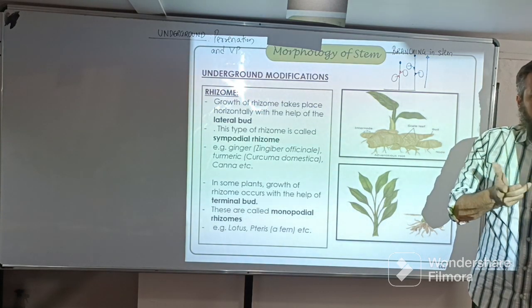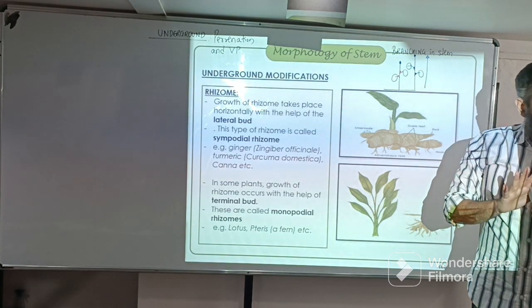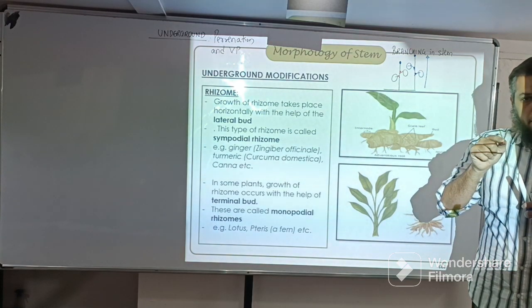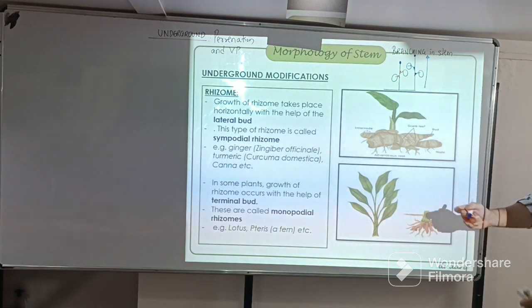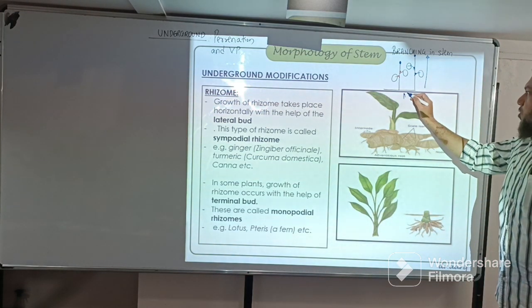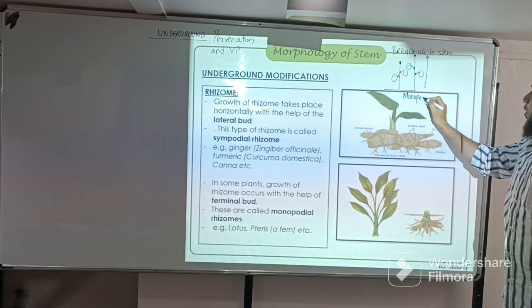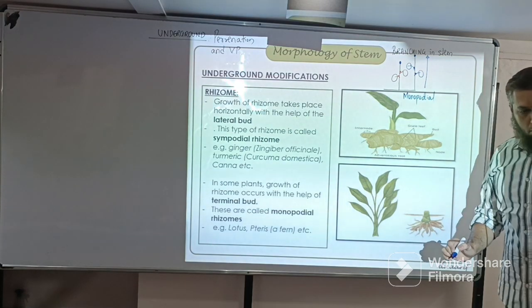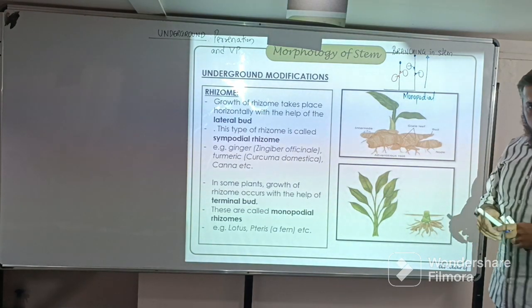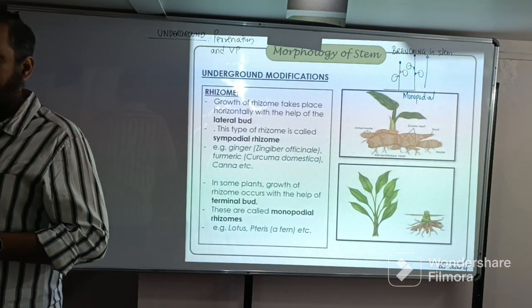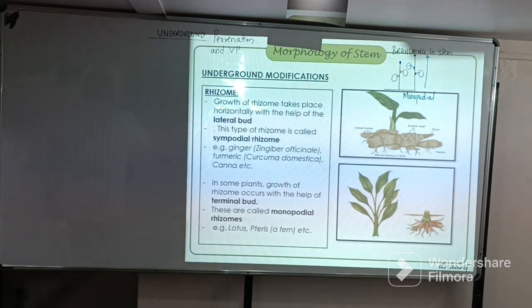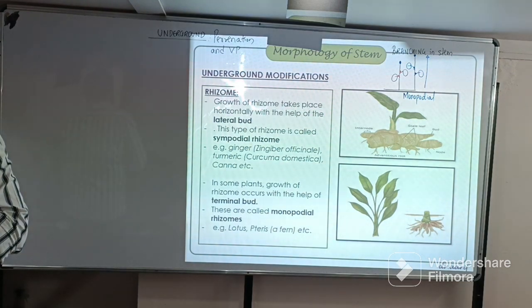So the stem is having multiple axes of growth or only a single axis of growth? Single axis of growth. Correct. Such a stem is called monopodial. Understood what's a monopodial stem? So a monopodial stem has many axes or a single axis of growth? Single axis, because the growth is occurring from the apical bud.